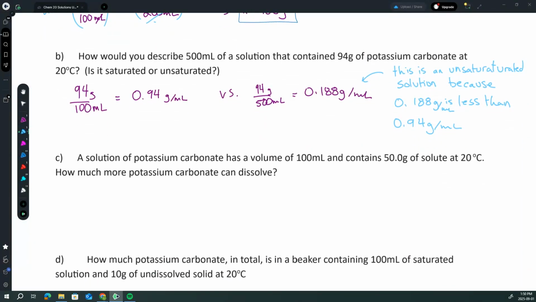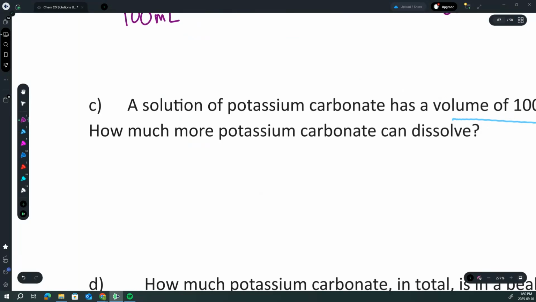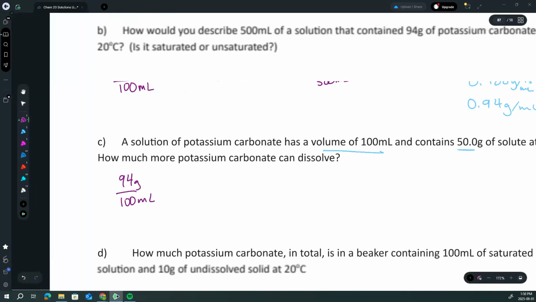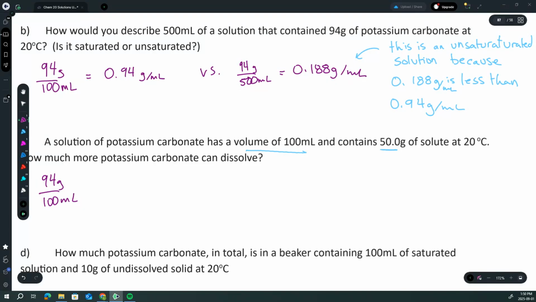Okay, part C. A solution of potassium carbonate has a volume of 100 mL and contains 50 grams of solute at 20 degrees Celsius. How much more potassium carbonate can it dissolve? Okay, so if we take a look at our solubility number, which is 94 grams per 100 milliliters, we're going to take away how much we did actually dissolve in the particular volume that we dissolved it in.